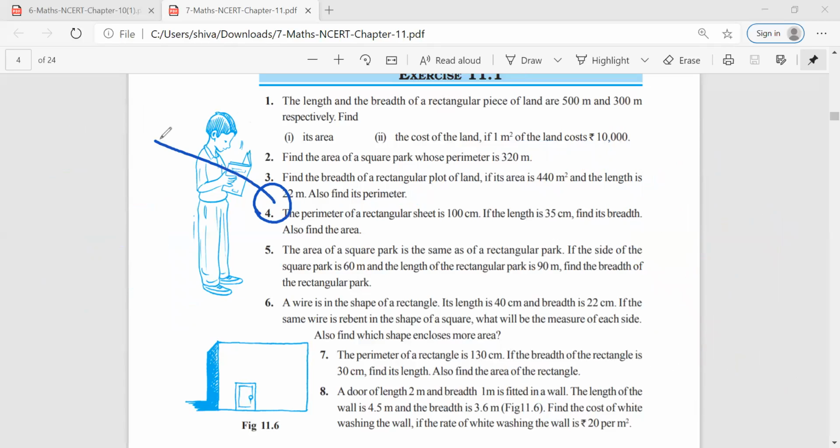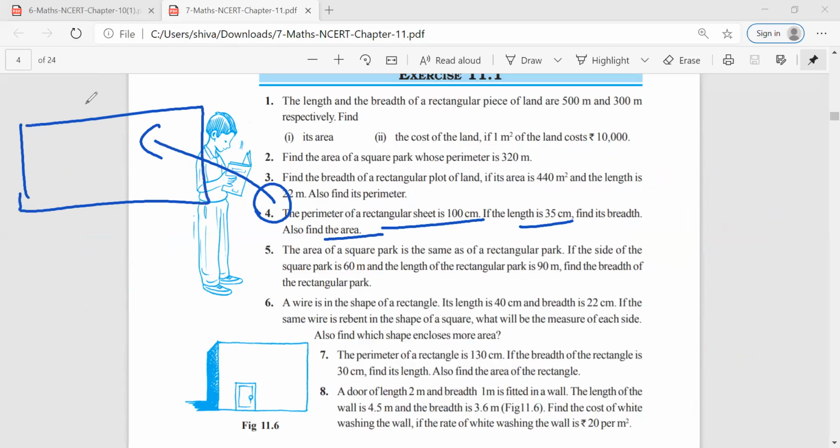Question number 4. Perimeter is given. Length is given. Find the breadth. Length is 35 centimeter.